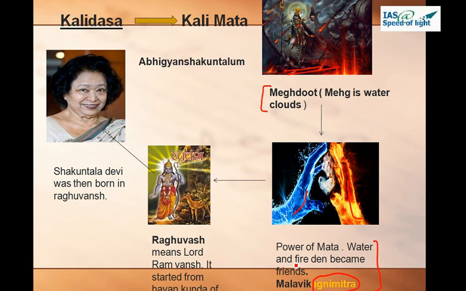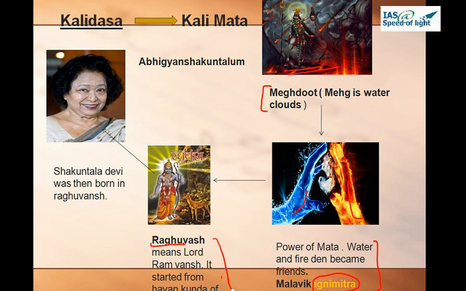Right. Moving ahead now in the story, Raghuvansh. Raghuvansh means Lord Ram. Raghu is the name of Ram, Lord Ram. So the Lord Ram Vansh started from the Havan Kund of fire and water. See, this is again an amazing thing, how we can have a Havan of both fire and water.